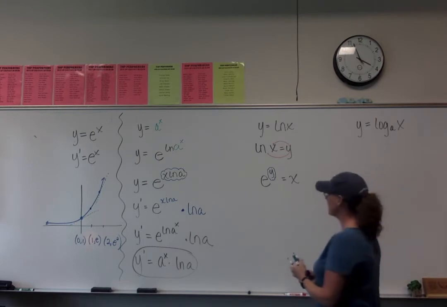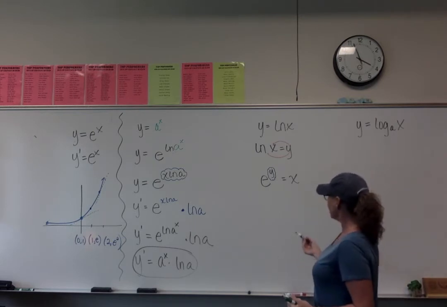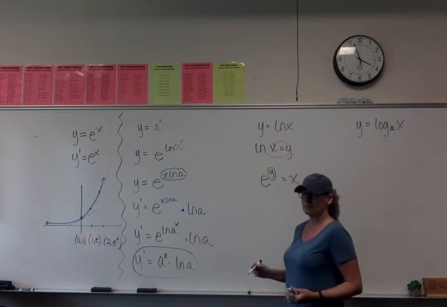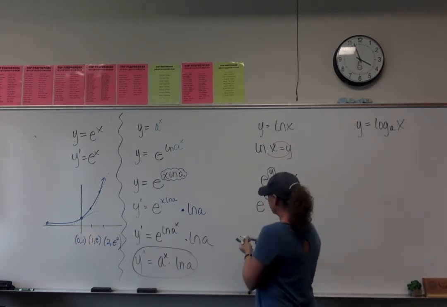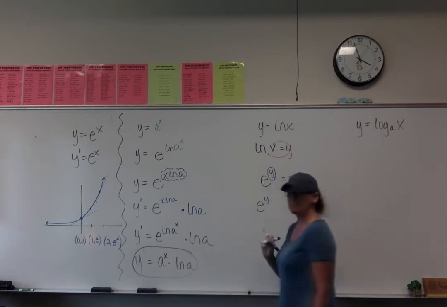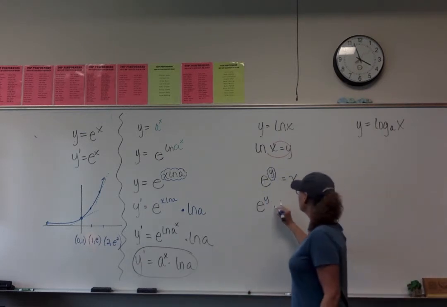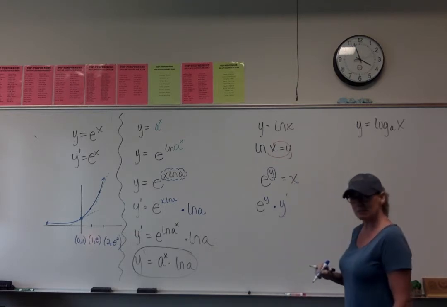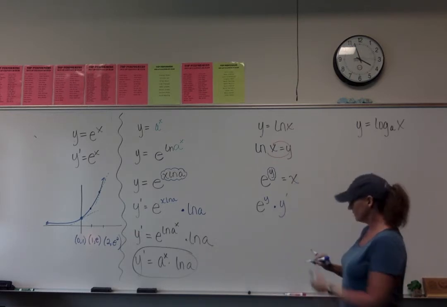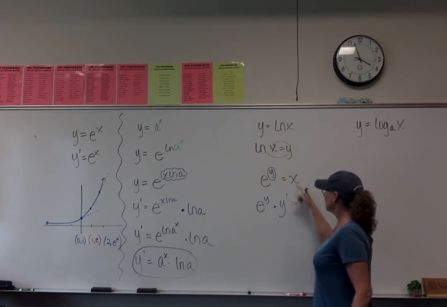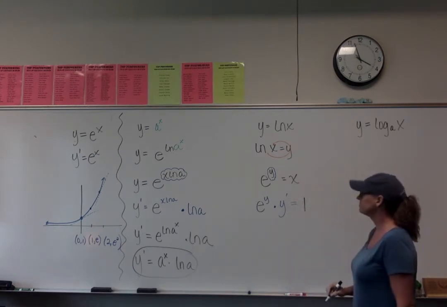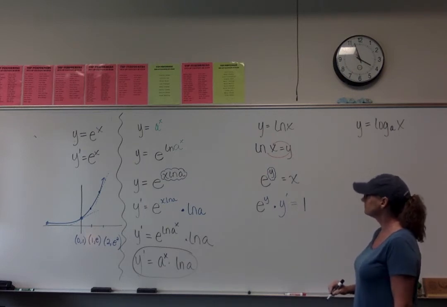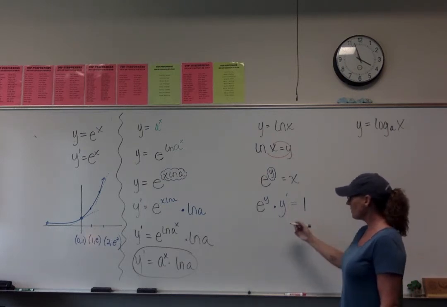Okay, so ready? I have e to the messy. What's the derivative of e to the messy? It's e to the messy times the derivative of the messy equals the derivative of this side is 1. Let's solve for y prime.